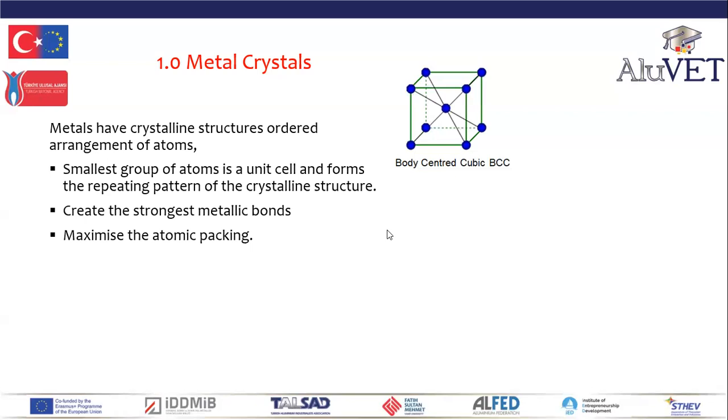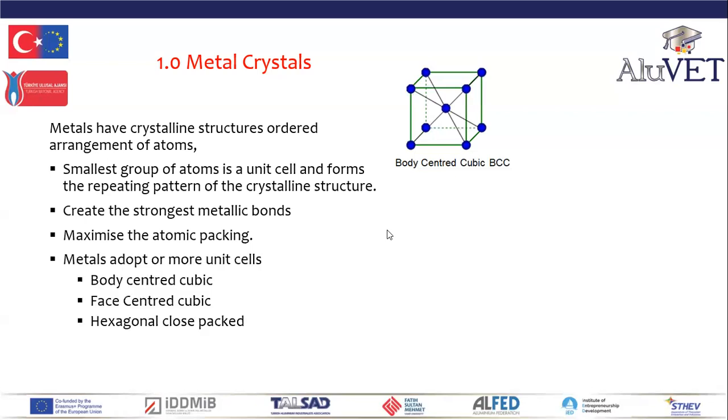Different metals adopt different unit cells. Iron atoms organize themselves into a body-centered cube. A body-centered cube is where there is an atom in the middle of the cube. Aluminium, the atom that we are interested in, forms into a face-centered cube.